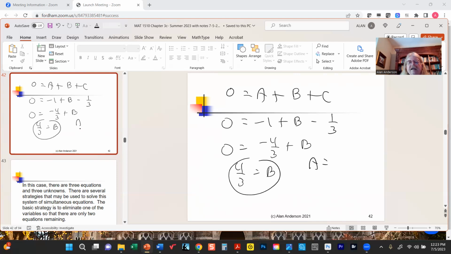Okay, so just to recap, A is -1, B is 4/3, C is -1/3.